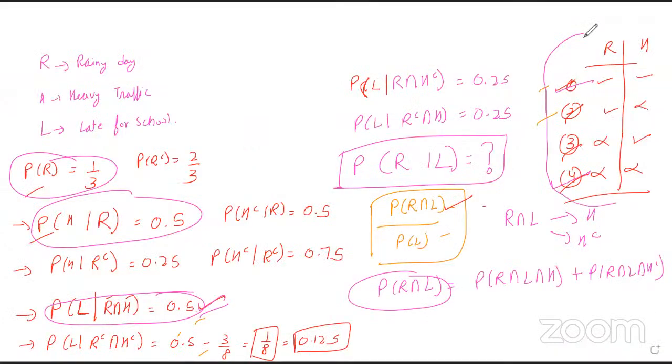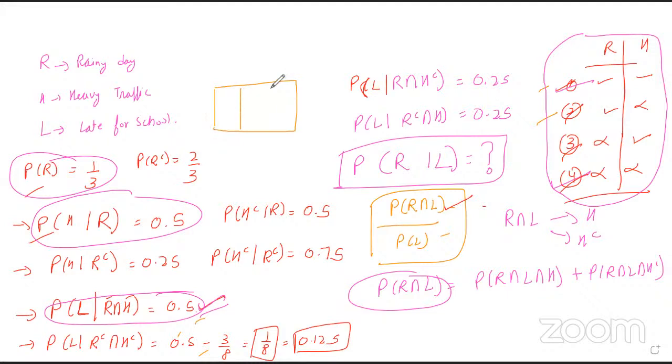I made a Venn diagram showing these 4 disjoint events, and then I made an inner event E, which was that the student had come late.